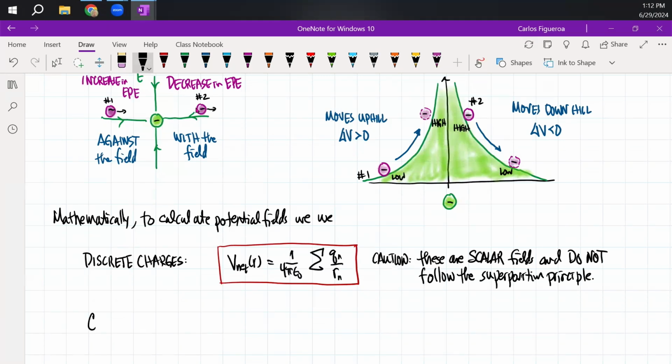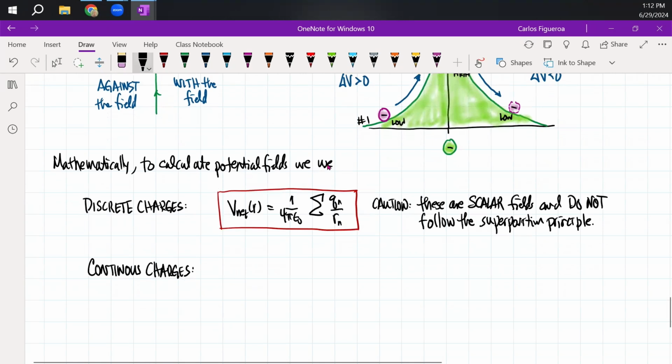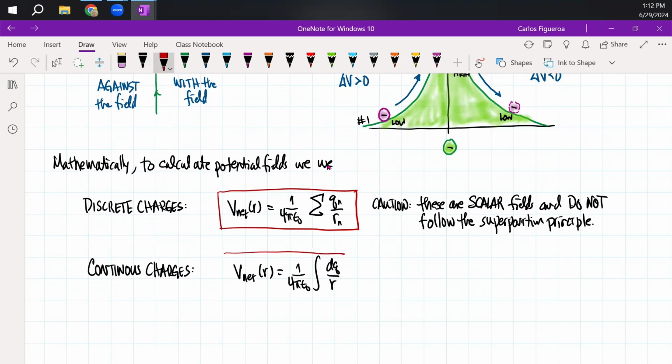And if we deal with continuous charges, then the big difference here is that the net potential is now going to be 1 over 4 pi epsilon, and then we're integrating dq over r, which is exactly the same thing that we did for Coulomb's law. In fact, these integrals are easier because we don't have to worry about direction.